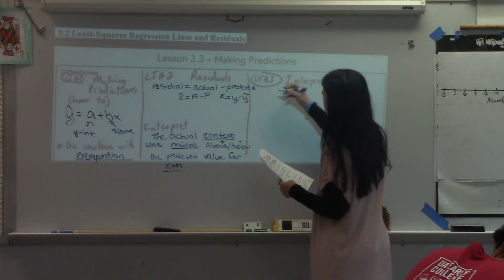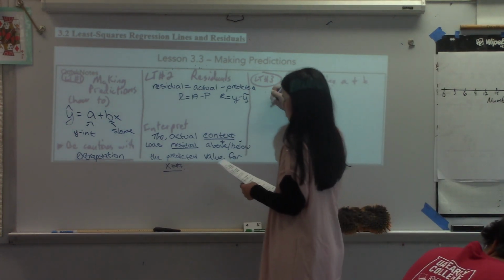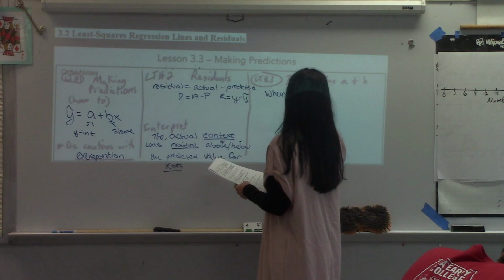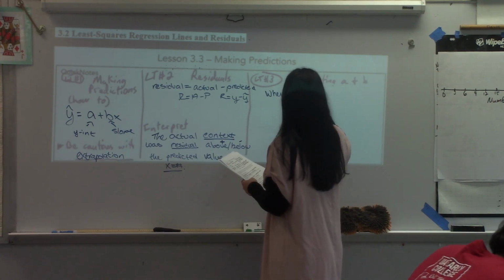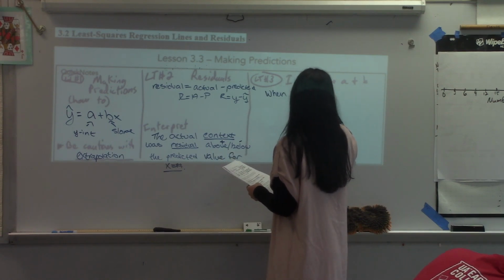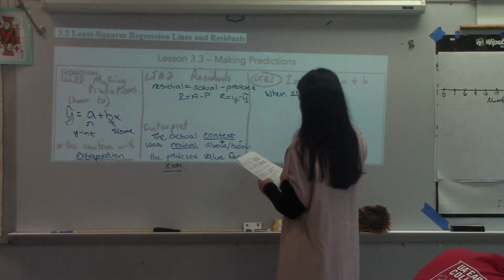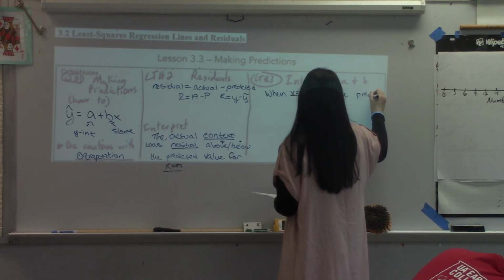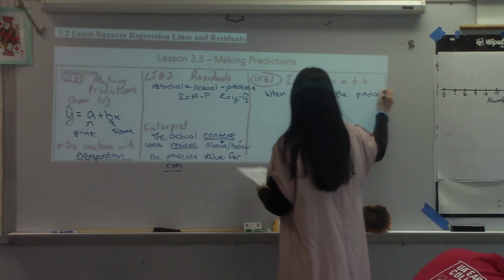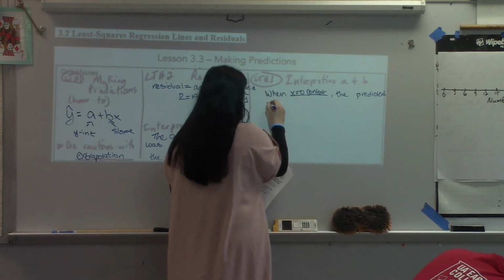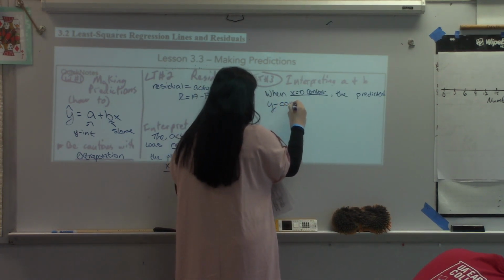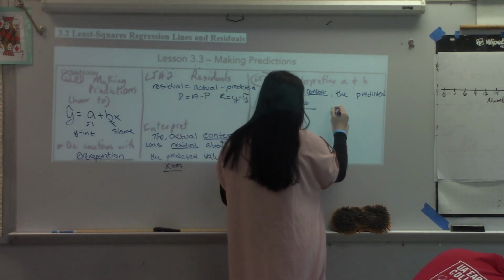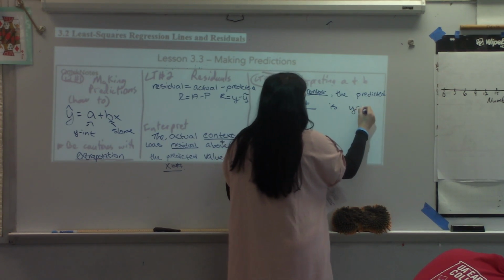So when we're interpreting our y-intercept, we're gonna go when x equals 0 context, the predicted y context is the y-intercept.